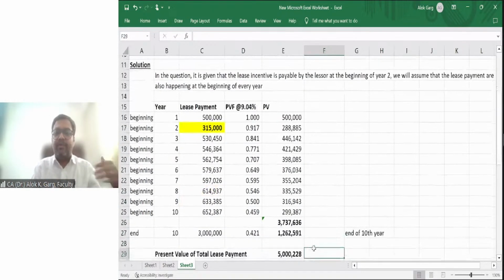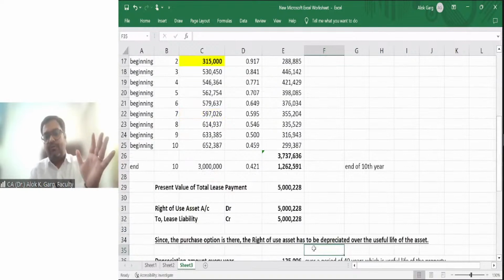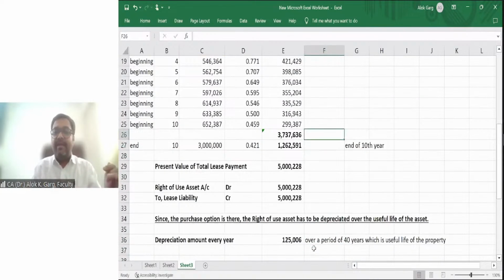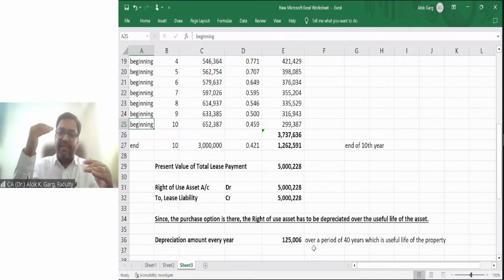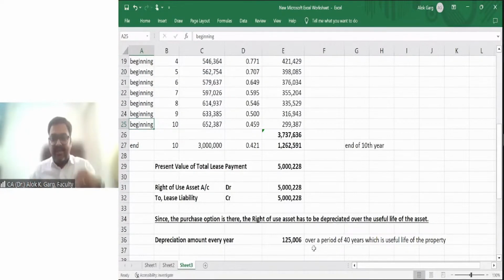And of course, I have also given you the highlights about how this right of use asset and lease liability is measured, right? In this question, the annual lease payment was at the beginning of the year, but the exercise price is at the end of the year. That is one of the tweaks in this question.